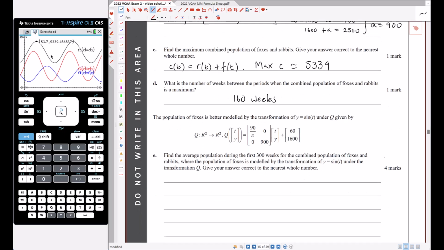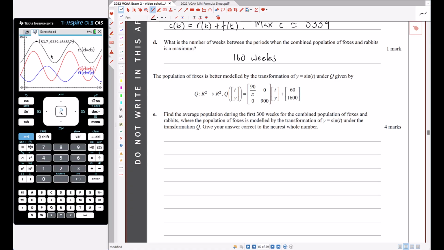Okay, the population of foxes is better modelled by the transformation of y equals sine of t under Q, given by this. Obviously this is a matrix question, so it is no longer relevant in 2023. But this is a question about transformations, and the way this would be phrased would just be different.